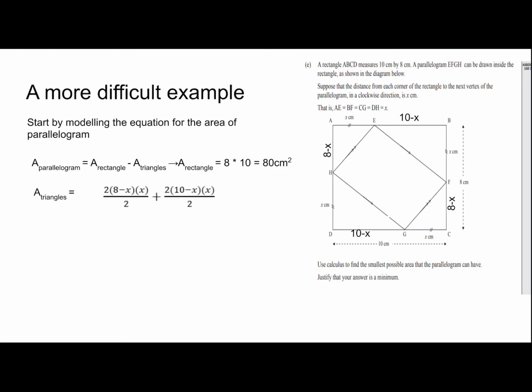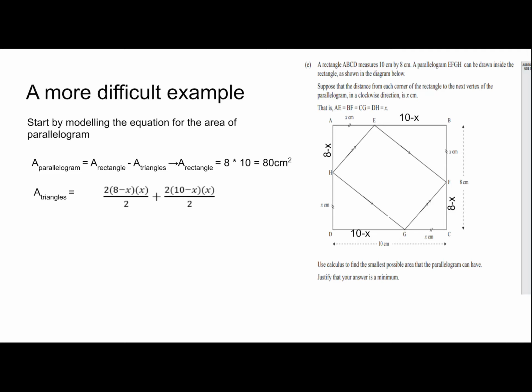By writing our equation, we can say the area of the triangle equals half base times height. For example, looking at the triangle AEH, it is (8 minus x) times x divided by 2. But as you can see, we also have triangle FGC, and that triangle is also x times (8 minus x) divided by 2.